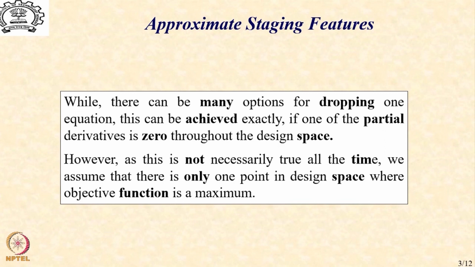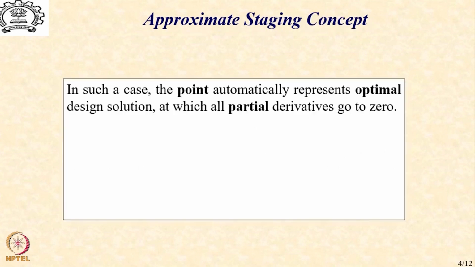So which means if there are functions which are such that there is only one maxima or a minima in the design space, then these methodologies can still work with reasonable degree of accuracy, provided we hit upon the right partial derivative equation to drop. The reason why this is true is that in such a case, the solution obtained from the remaining equations will automatically become optimal.